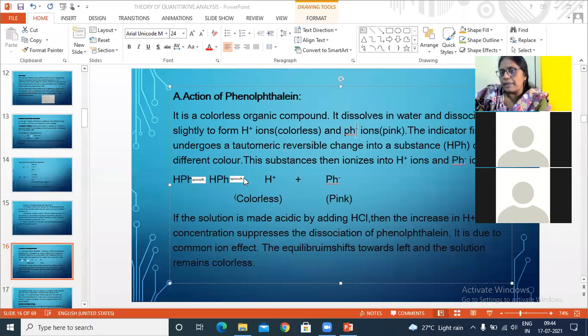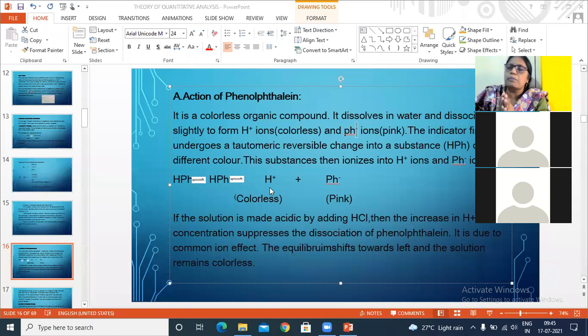This is for acidic medium in the presence of HCl. If you add phenolphthalein in the presence of HCl, the H plus ion concentration increases because of the H plus ions liberated from HCl. At the same time, if phenolphthalein undergoes dissociation, H plus ions are liberated.